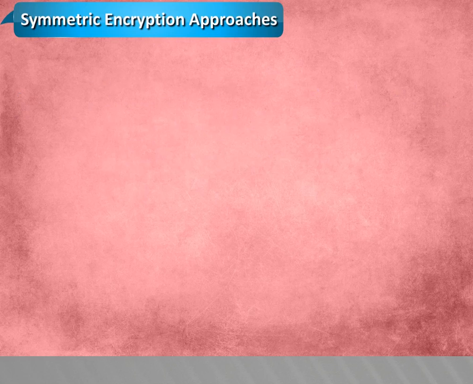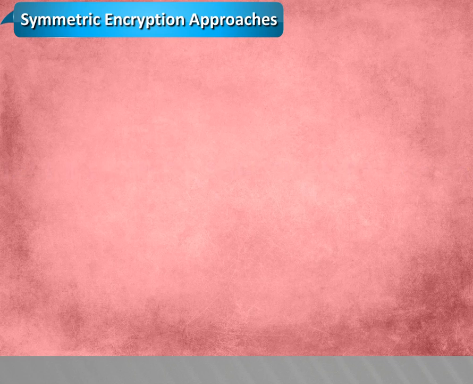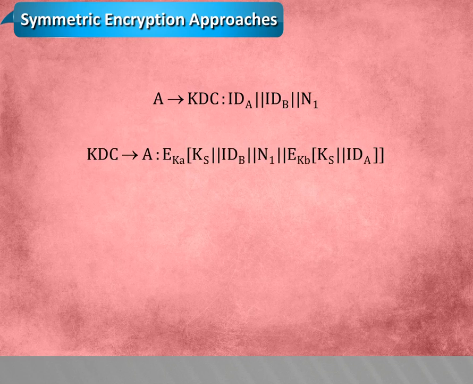Symmetric encryption approaches. It can refine the use of the KDC but cannot have the final exchange of nonces. A to KDC: IDA || IDB || N1. KDC to A: E(KA, [KS || IDB || N1 || E(KB, [KS || IDA])]).